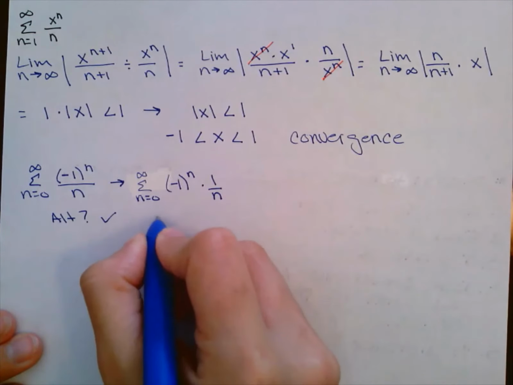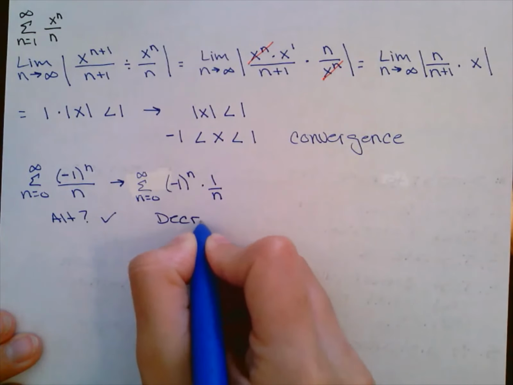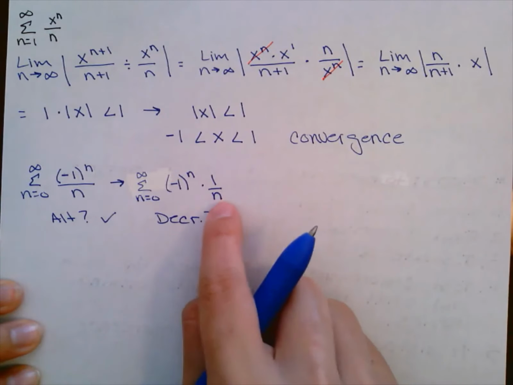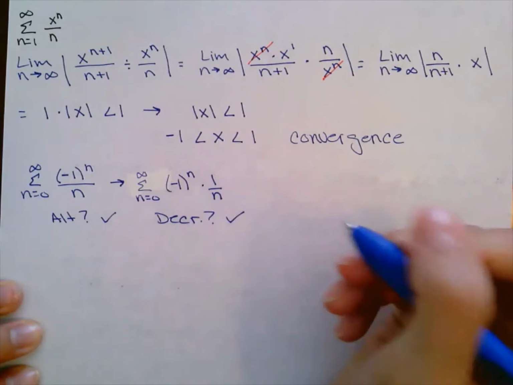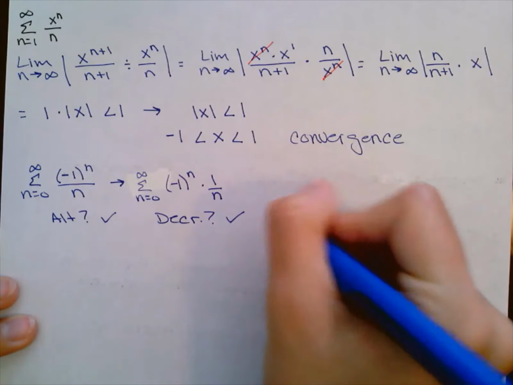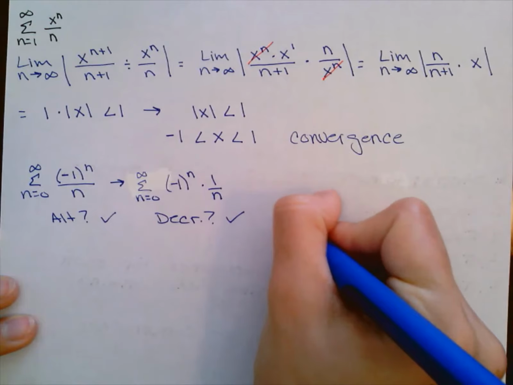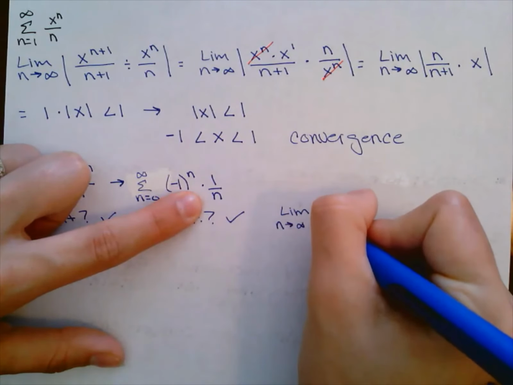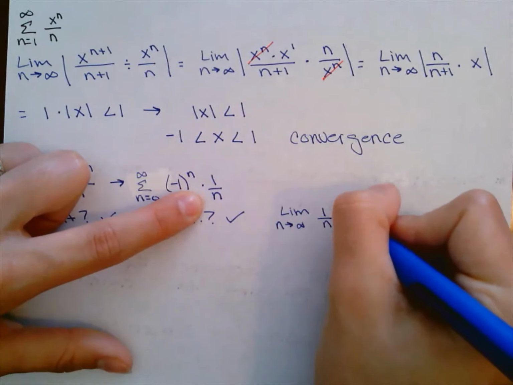Then is it decreasing? Well, if I have 1 over n, then if I start going 1 over 1, 1 over 2, 1 over 3, 1 over 4, since those denominators are getting bigger, the whole number is getting smaller, which means yes, this is decreasing. And then lastly, does the limit as n approaches infinity of the leftovers, not the alternating part, 1 over n, equal 0?